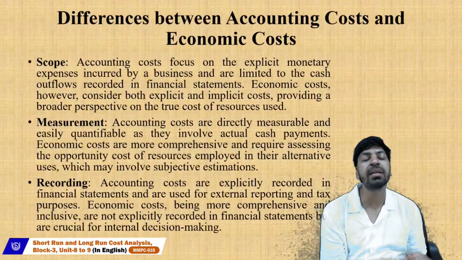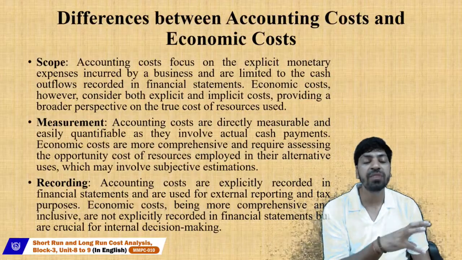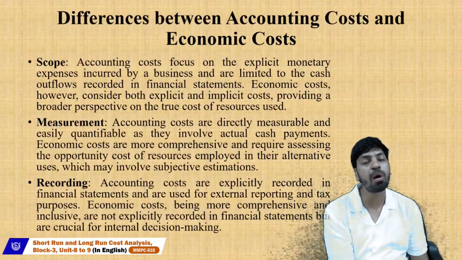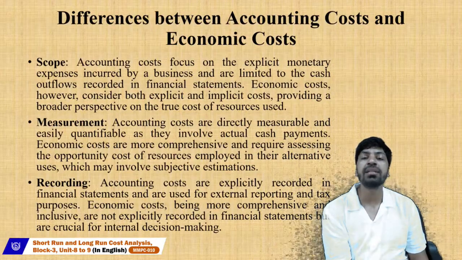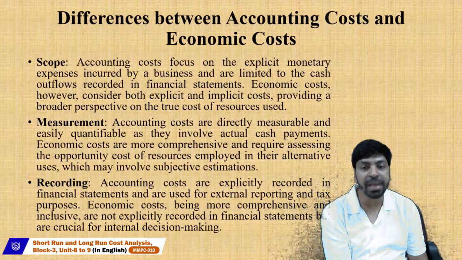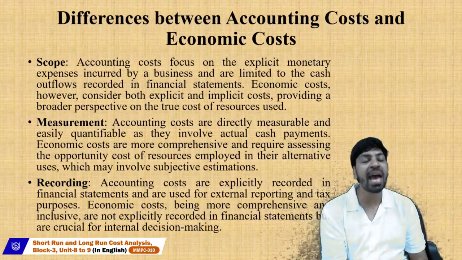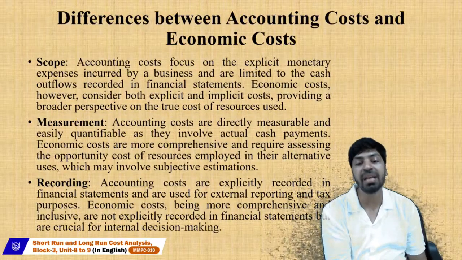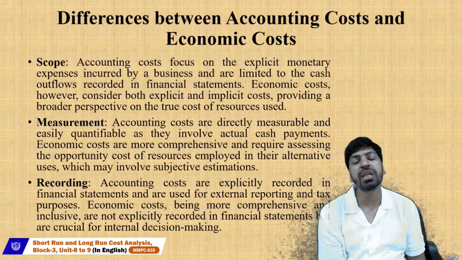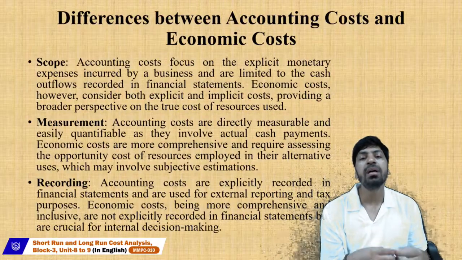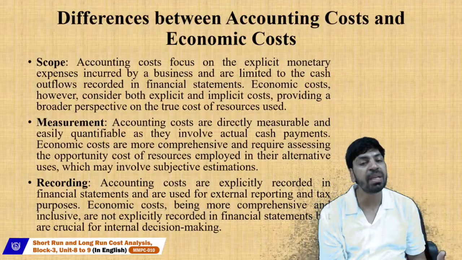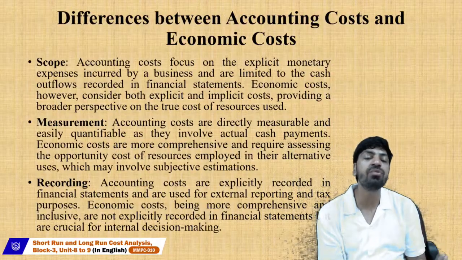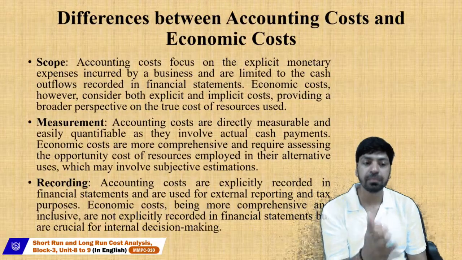It requires a deep analysis, which refers to the two main types, including the opportunity cost of the resources which have alternative uses to get more and more revenues and benefits. But it is more subjective. It involves subjective estimations which are not easy to determine precisely.